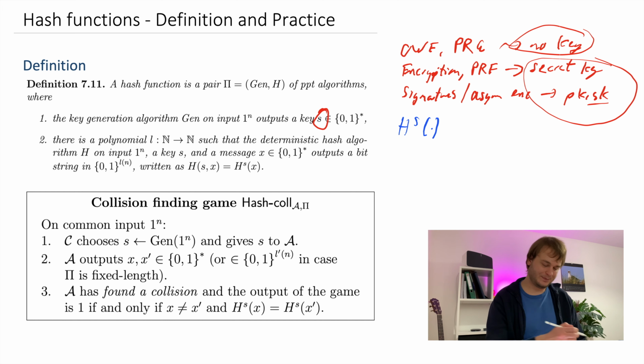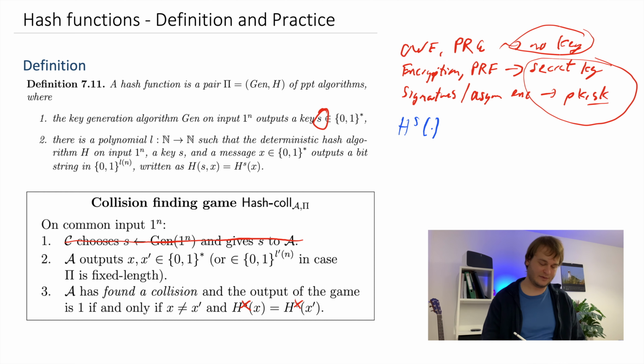So why is this? Couldn't we also just say that we don't have this key generation algorithm and we don't have this s? Okay, let's try it. Let's see what happens. So we change the collision finding game. We don't choose this s anymore, and the s won't be necessary for hashing anymore.